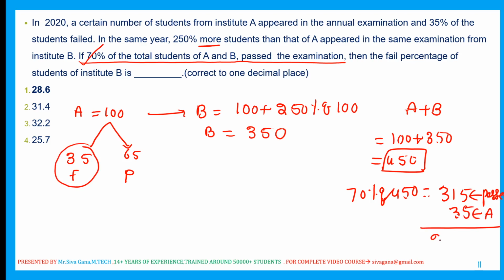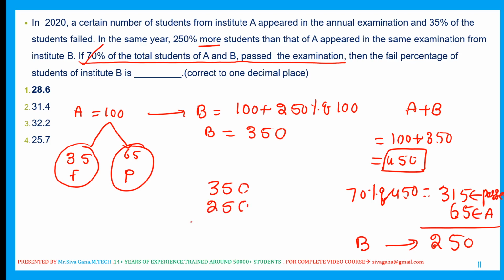So remaining are how many? Sorry, 35 failed and 65 passed from Institute A. So the remaining 250 passed from Institute B. 350 appeared from Institute B, 250 passed, so 100 failed from Institute B. Percentage: 100 failed out of 350, the zero gets cancelled.